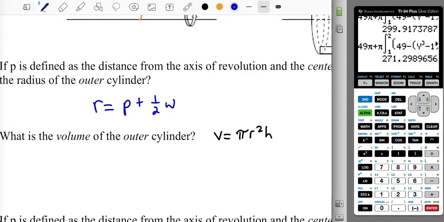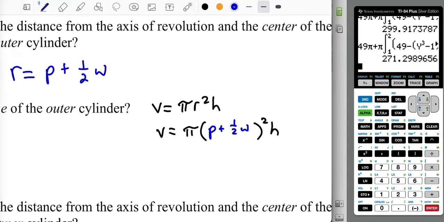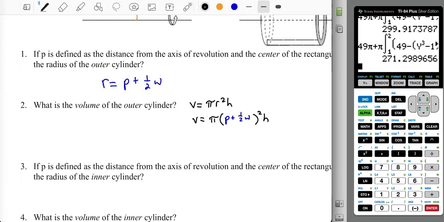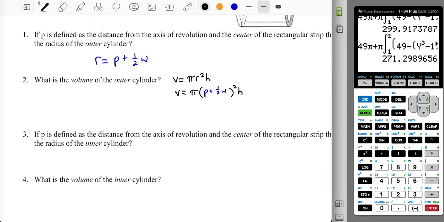So the volume is going to be pi times r squared multiplied by h, where r is P plus 1/2 W. We could leave it at that, or we could distribute it out. Maybe we see where this is going first before we distribute.